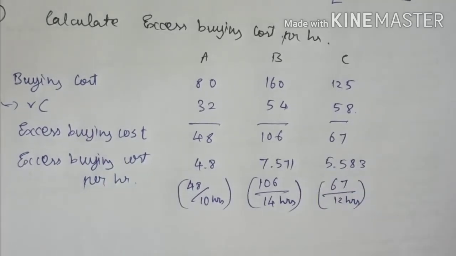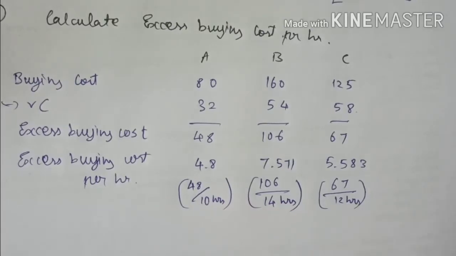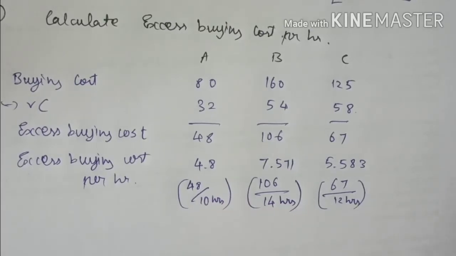Here A is cheaper, right? But the increase in capacity is less than 50%. So you take the next cheaper component. The next cheaper component is C, and the increase in capacity is 50%. So C should be bought from the market.